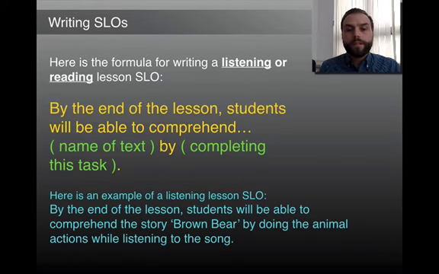By the end of the lesson, students will be able to comprehend the story Brown Bear by doing the animal actions while listening to the song. Okay, so you can see here, it's clear about what is the text we're going to use and also the task that students are going to complete to show that they understand the listening material.